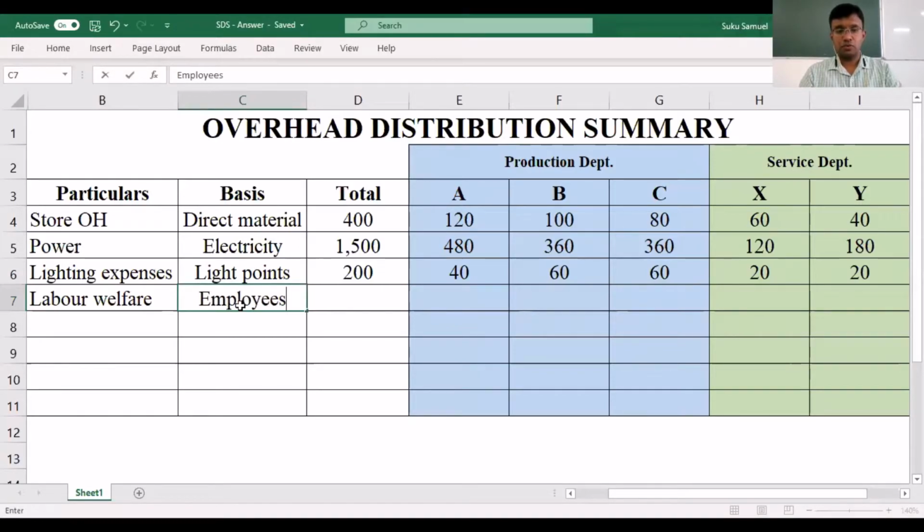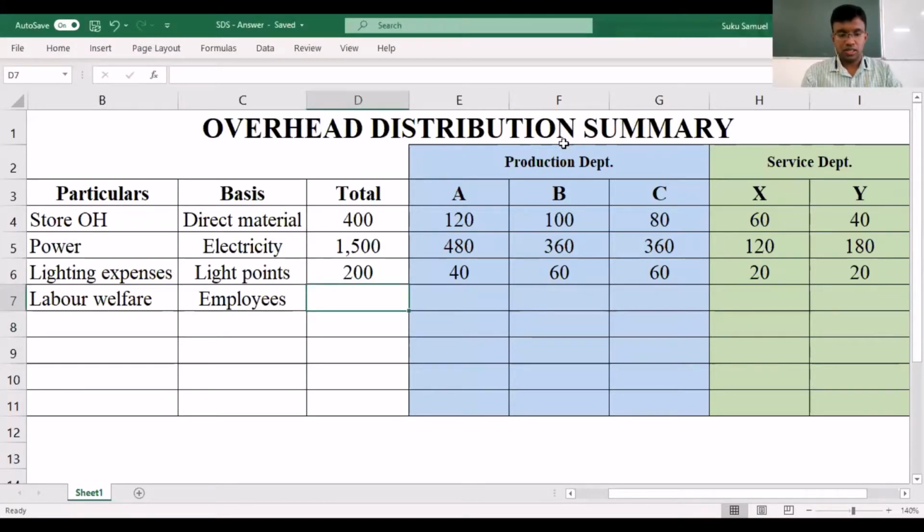The sum total of the number of employees in the organization is 600. Before that, let's confirm the labor welfare total expense. The total expense of labor welfare in the organization works out to be 3,000.